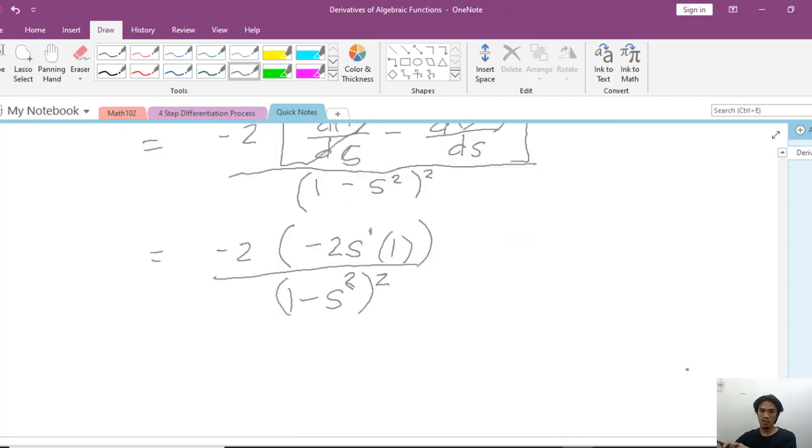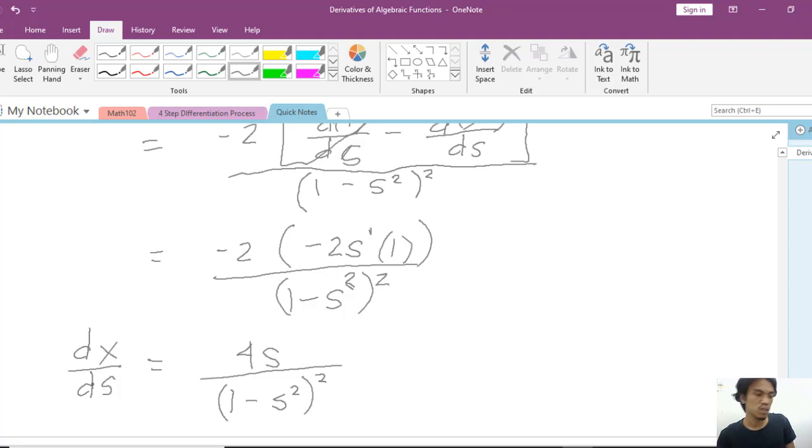And then further simplifying, we will have negative 2 times negative 2 is positive 4 times s raised to 1, or simply s, divided by 1 minus s squared, the whole quantity squared. So this is the derivative of x with respect to s. So I think that would be enough as examples for the derivative of algebraic functions.